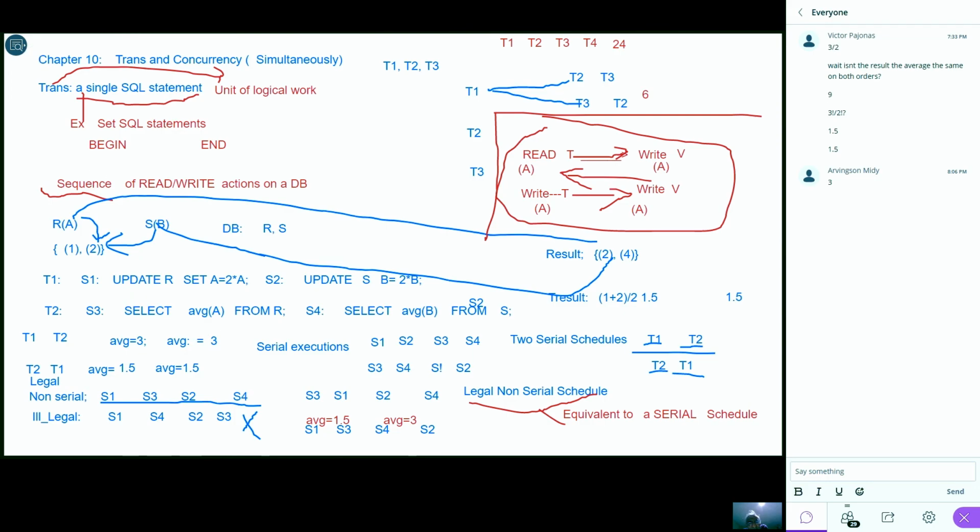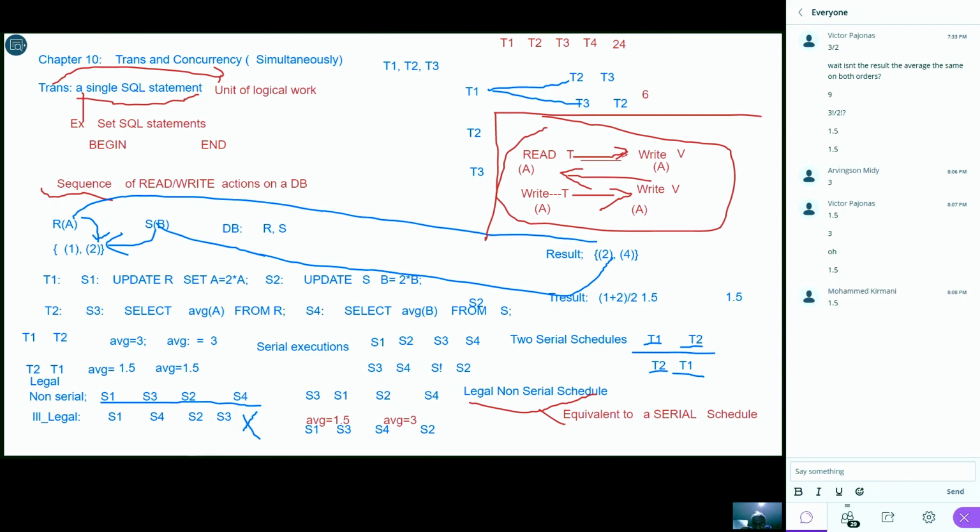The first answer is again 1.5. And the second? We did S3 first. The second average is also the same.